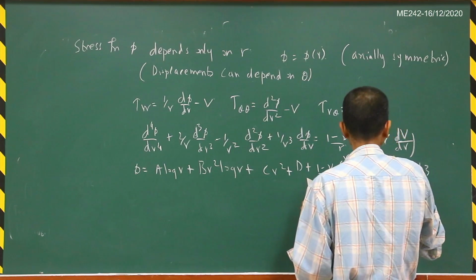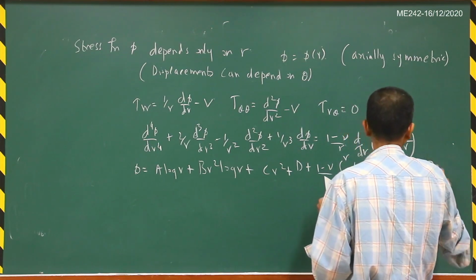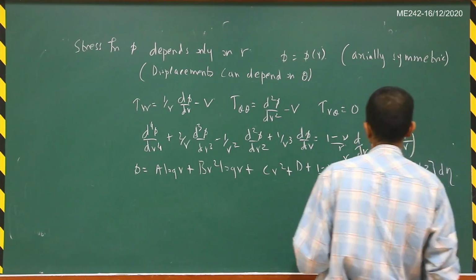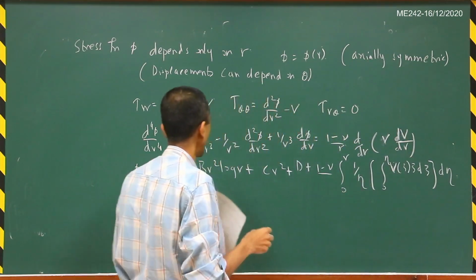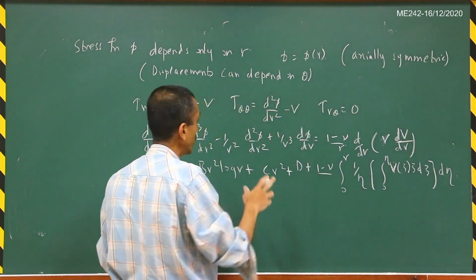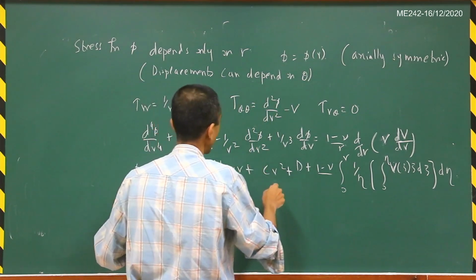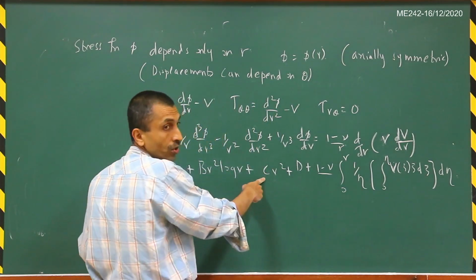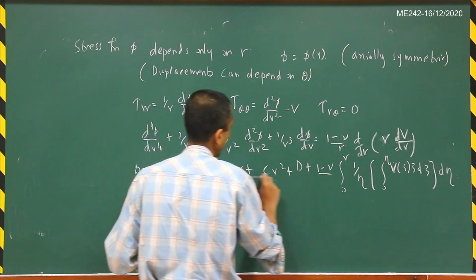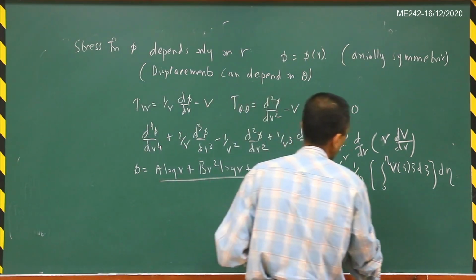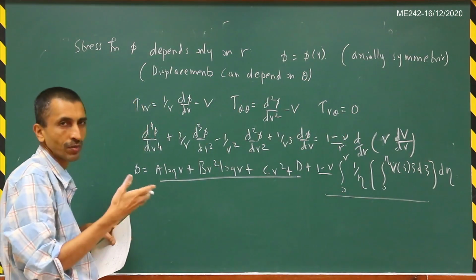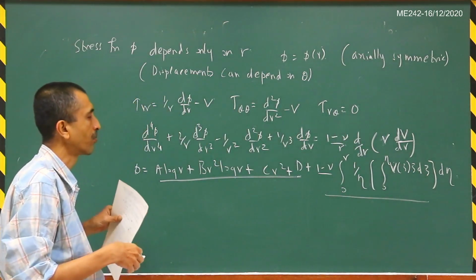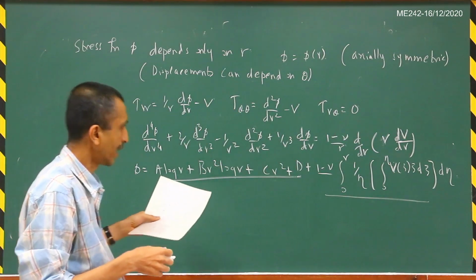The solution to this differential equation consists of a homogeneous solution, up to here, and an inhomogeneous solution. Because this is a linear equation, you can superpose these two solutions.